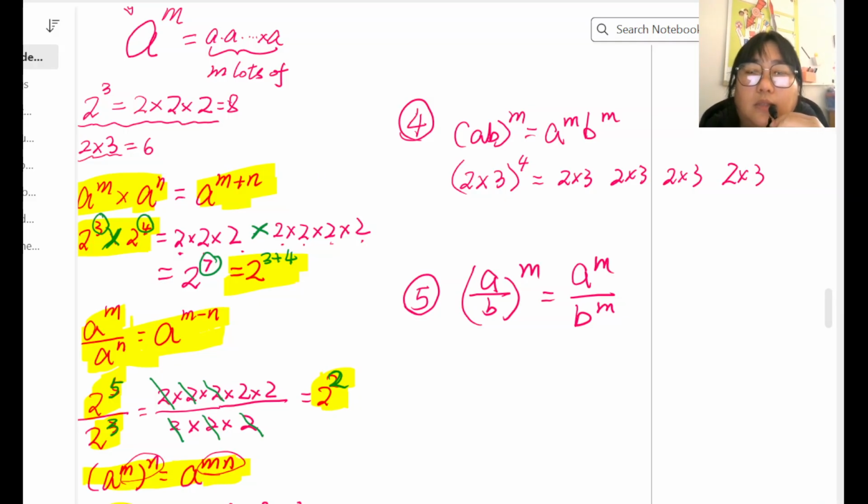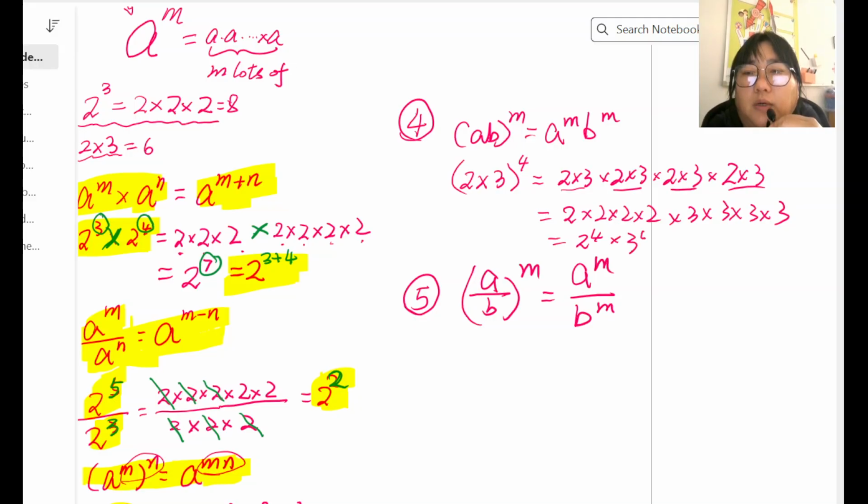Okay, then I have, that is my first base, second, third, fourth, and they times each other. And then I can find, I have 4 lots of 2 times each other, and I have 4 lots of 3 times each other. And then I got 2 to the power 4 times 3 to the power 4.